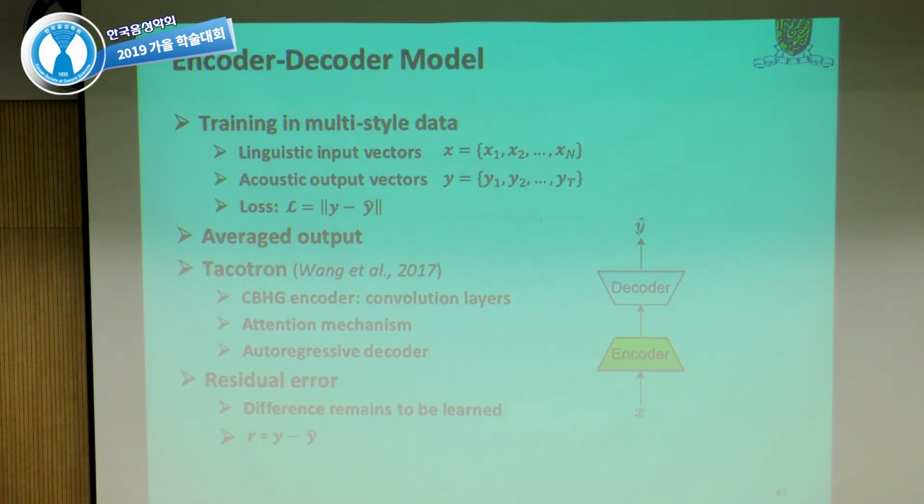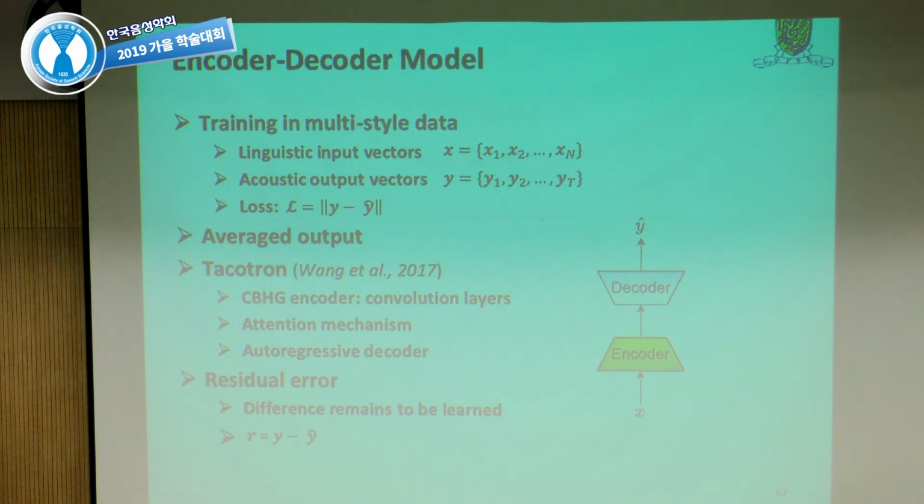Let's look back at natural text-to-speech, like Tacotron. The input is the linguistic feature and the output is the acoustic feature. When we train the model, if we don't provide the style information, then the output speech is actually averaged.